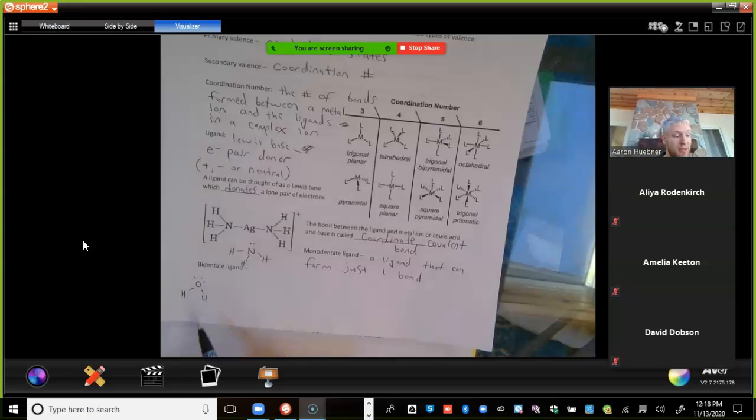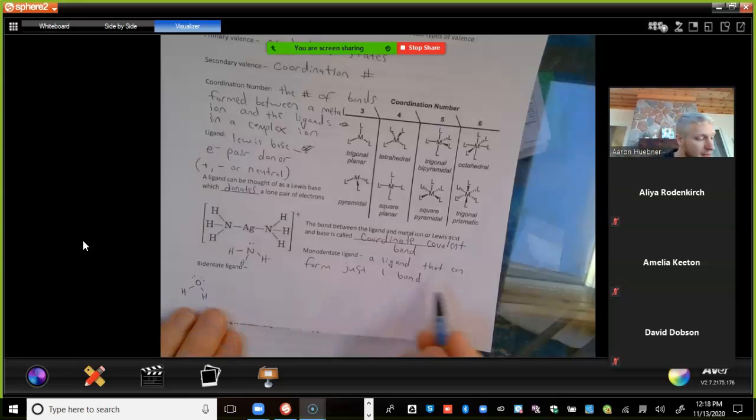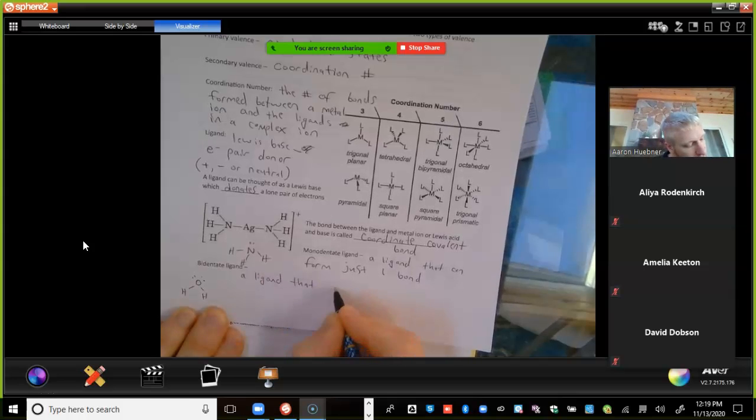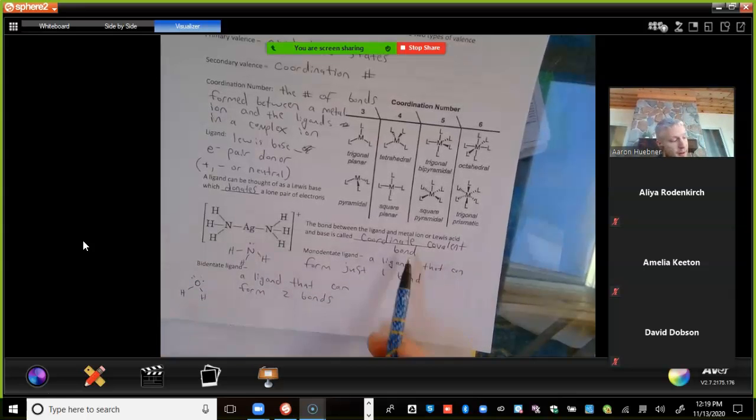So that would be an example of a bidentate ligand. So it's a ligand that can form 2 bonds. And the bonds we're talking about aren't ionic, they're coordinate covalent bonds.